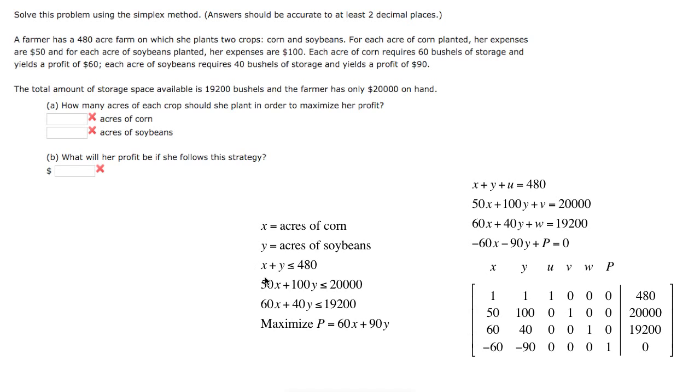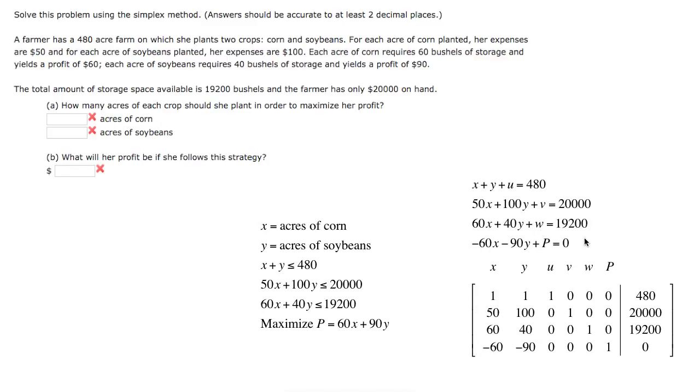So for the three constraints, the land constraint, the dollar constraint, and the storage constraint, we introduce a slack variable in each. U would represent unused acres of land, V would represent unused dollars spent, and W would represent unused storage space.